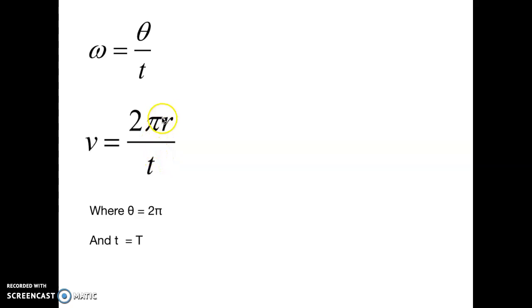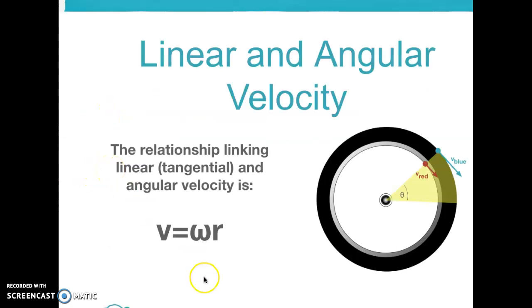So all of this is the same as the angular velocity, omega, leaving the previous equation, which is this one: v equals 2 pi over T times r.